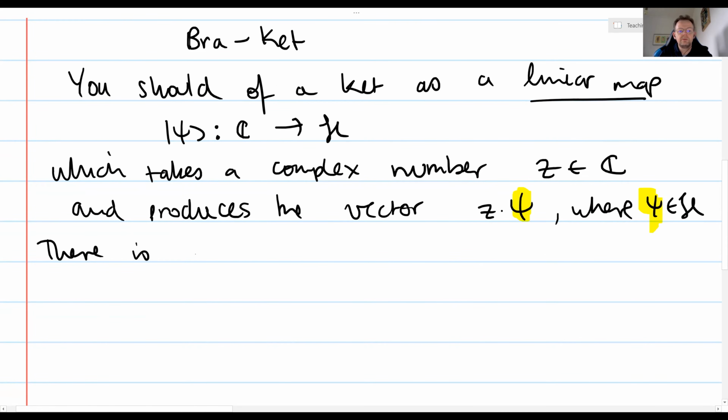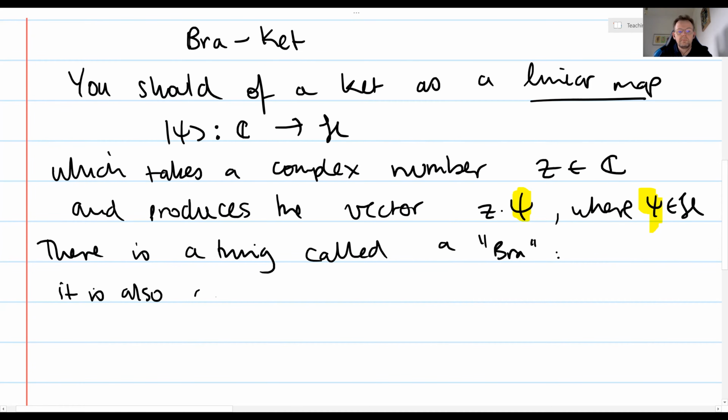Correspondingly, there is a thing called a bra. So a bra is the other half. And what is a bra? It's also an operator, drawn with this funny bracket going the other way.